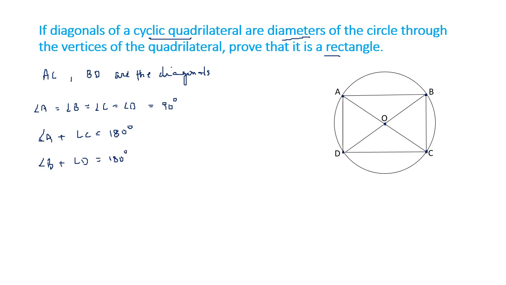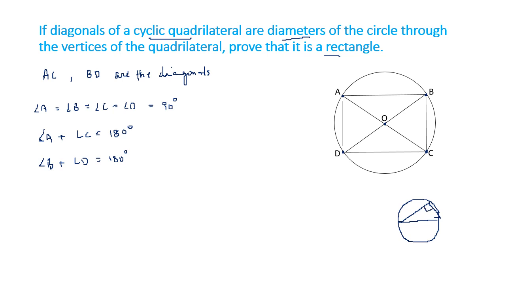But now there is one more theorem which we had done before. Do you remember the theorem? An angle formed in a semicircle is a right angle. So here you have to remember this theorem that when we have got a diameter, it makes a semicircle, and the angle in the semicircle is always a right angle.